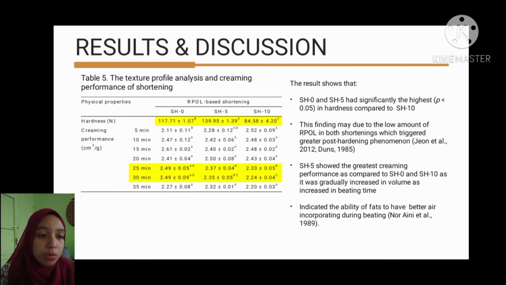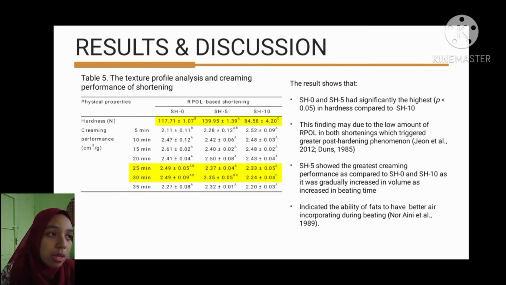This finding is due to the low amount of red palm olein in both shortenings, which triggered a greater post-hardening phenomenon in the shortening. While SH5 showed the greatest creaming performance as compared to SH0 and SH10, as it gradually increased in volume as beating time increased.